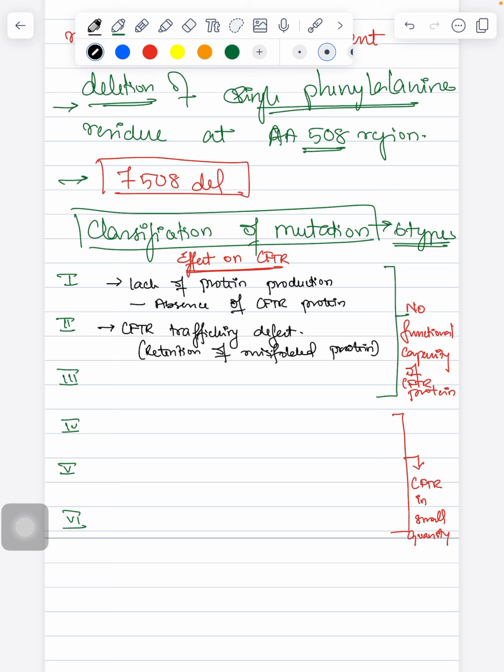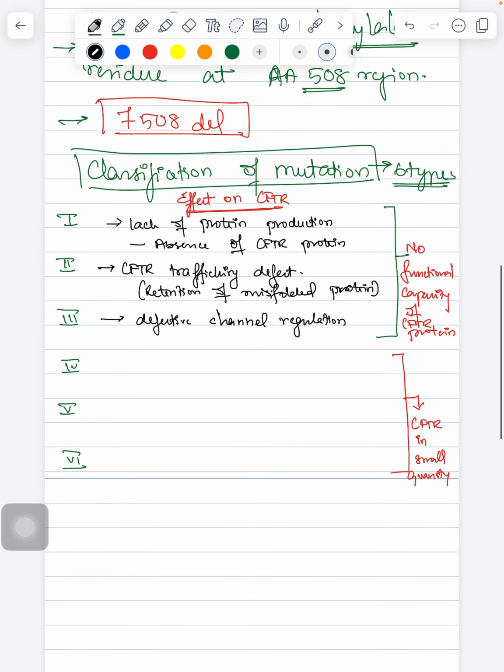In type 3, it is defective channel regulation. There is a defect in channel regulation, so that your CFTR protein is not expressed on your epithelial cell surfaces. In type 4, there is a reduced channel conductance, but you will have the CFTR protein in a small amount.